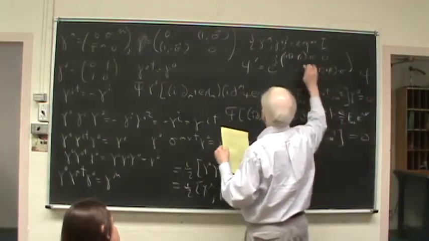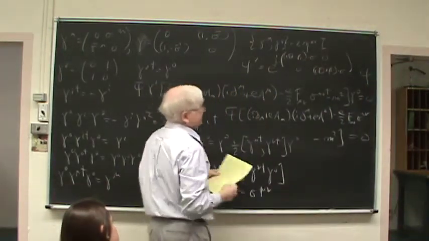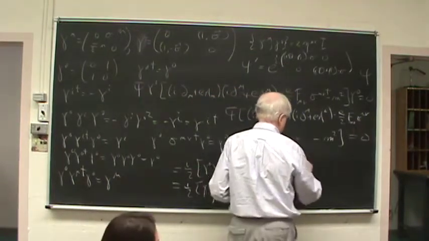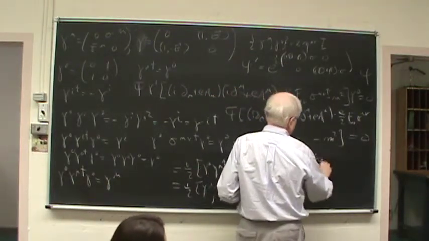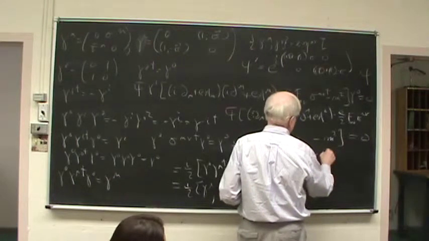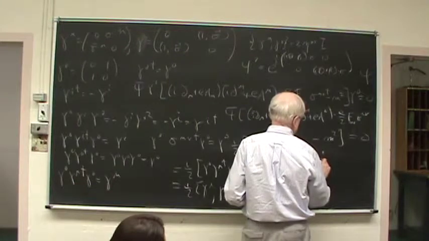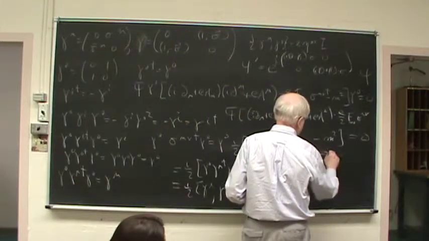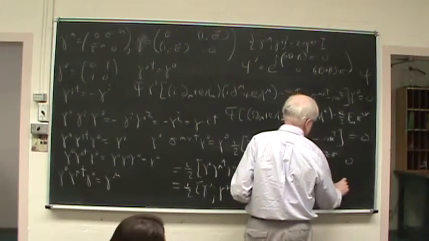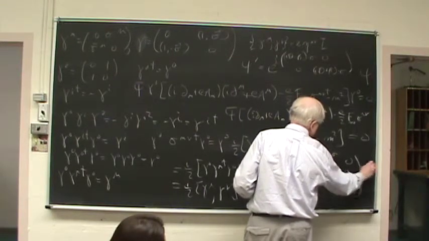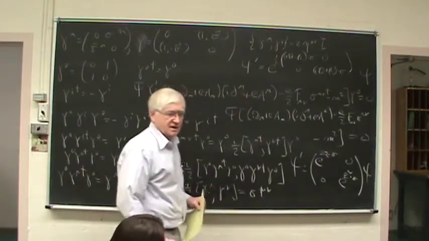So that's an exponential of a 4x4 matrix. Effectively, it's the same thing as psi prime is e to the minus z dot sigma, 0, 0, e to the z star dot sigma, psi. That's another way of writing it.